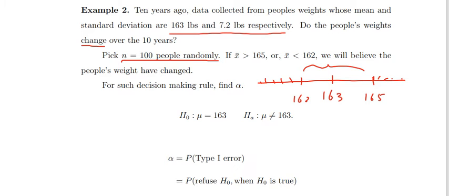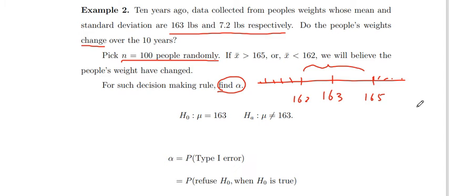Okay, so for such a decision making rule, we want to find alpha. Finding alpha is just checking whether this decision making rule is okay or not okay. Not okay means the probability for mistake is high, which means not so good, right? So let's find alpha.